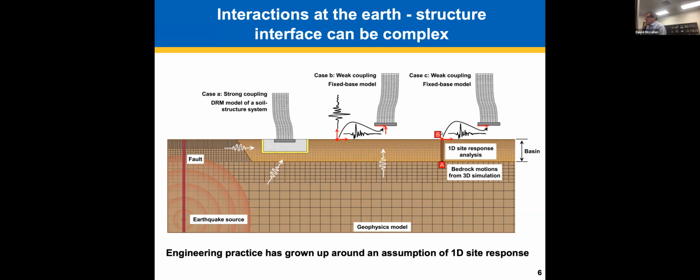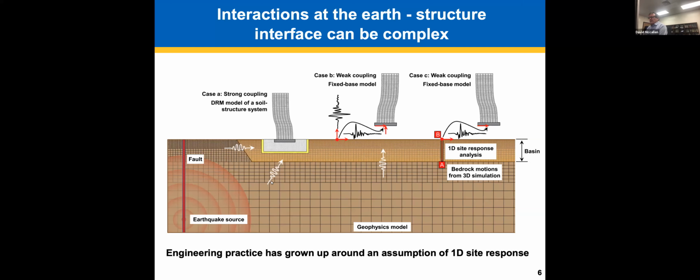Additionally, when we do a site response calculation to account for the near surface soils, that's often done in a 1D manner. And that may or may not be valid depending on the geologic setting and the orientation of the fault and so forth. So that's something else that we have lived with for decades, but we really need to explore.